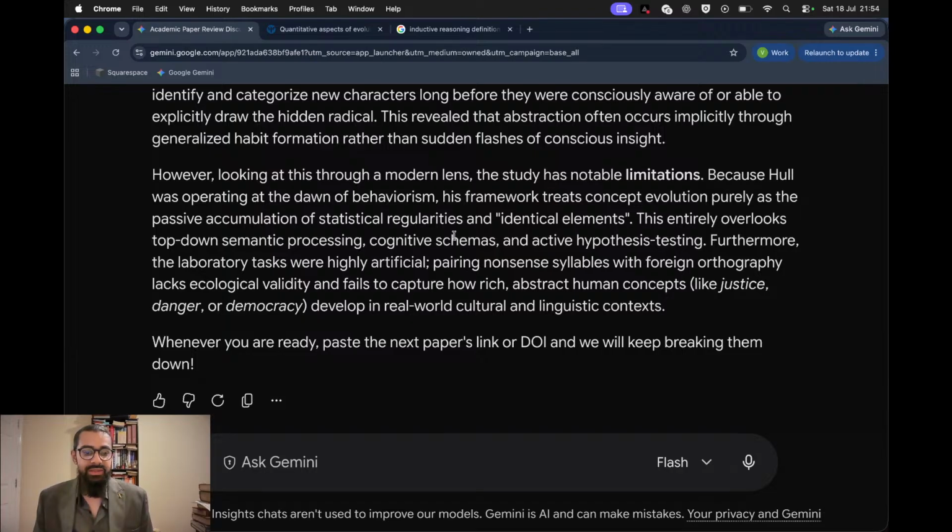Furthermore, the lab tasks were highly artificial. Pairing nonsense syllables with foreign orthography lacks ecological validity and fails to capture how rich abstract human concepts like justice, danger, and democracy develop in real world culture and linguistic contexts.